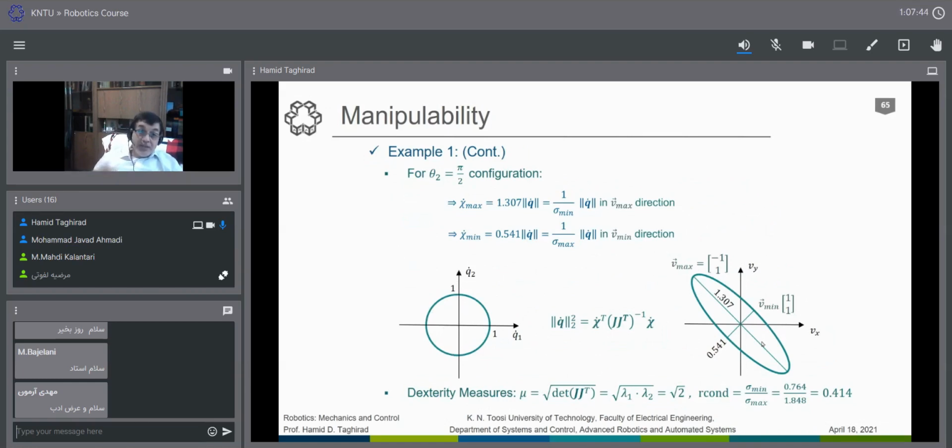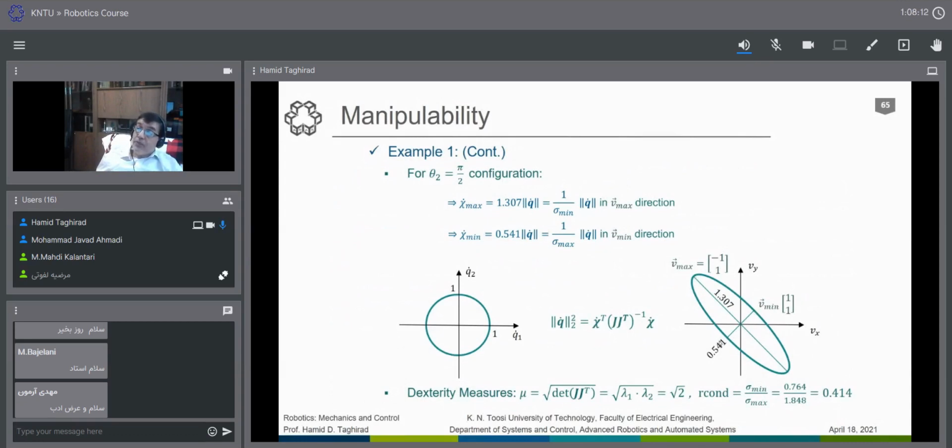Not an ellipsoid, exactly an ellipse, because it's a two-dimensional case, in two directions. The directions are the eigenvectors: eigenvector 1, minus 1, and eigenvector 1, 1. And remember, you always have the inverse in the case that you have in here. So this becomes V min, and this becomes V max.